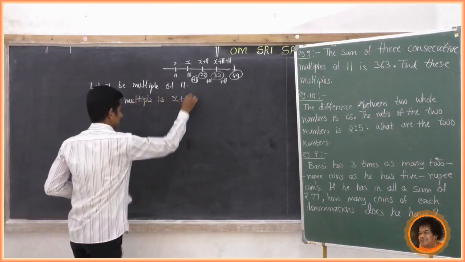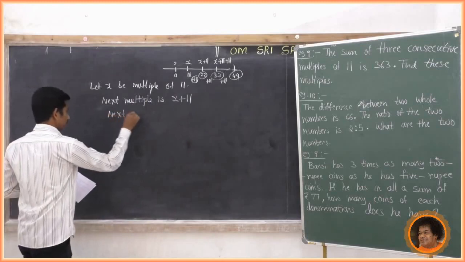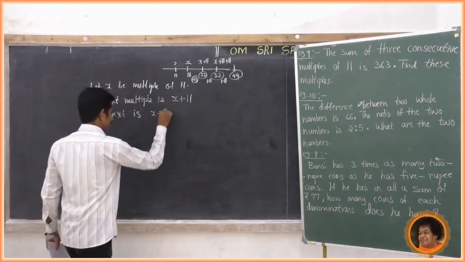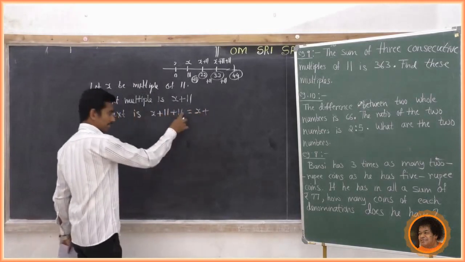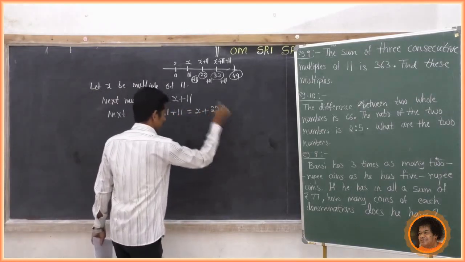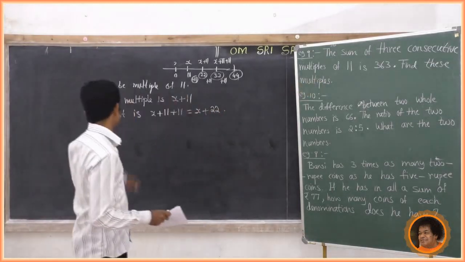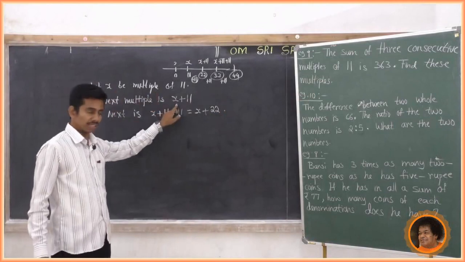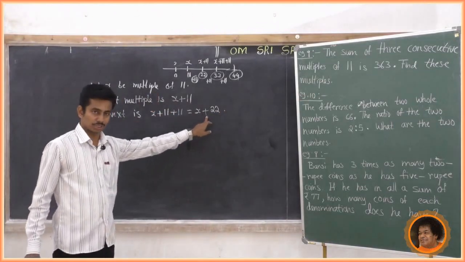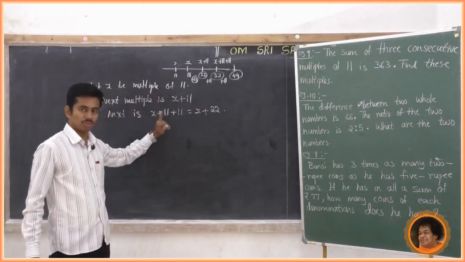The first multiple is x, next is x plus 11, next is x plus 22. These are the three consecutive multiples of 11.